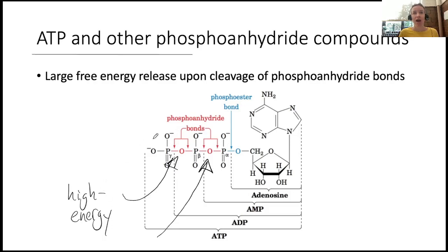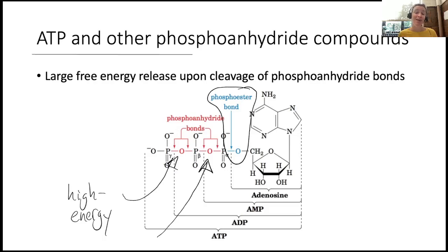So if we were to hydrolyze either this first phosphoanhydride bond or the second phosphoanhydride bond, there would be a large free energy release. However, this last bond here is not phosphoanhydride, it is a phosphoester bond.